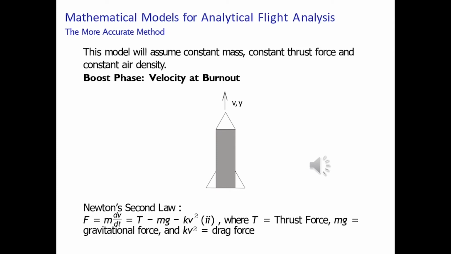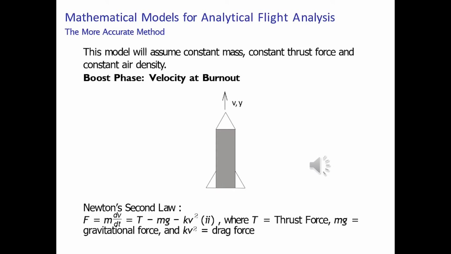However, the rocket that we've used in this experiment is very small. It has a very little percentage of fuel mass compared to the rocket. It was around 16% of the rocket mass. The fuel is around 16% of the rocket mass. And so we will assume that the mass is constant in this case.